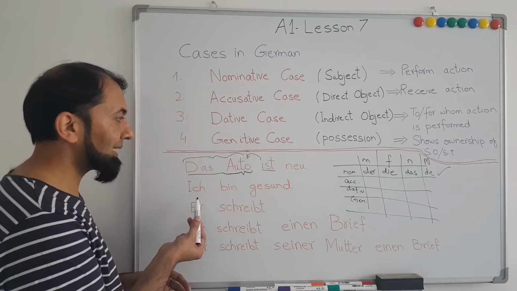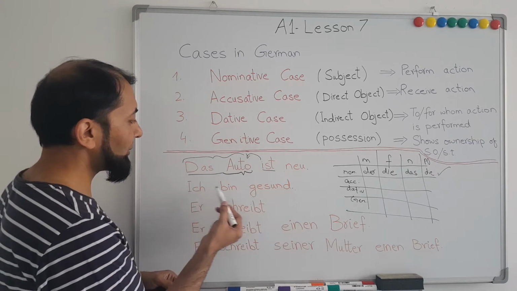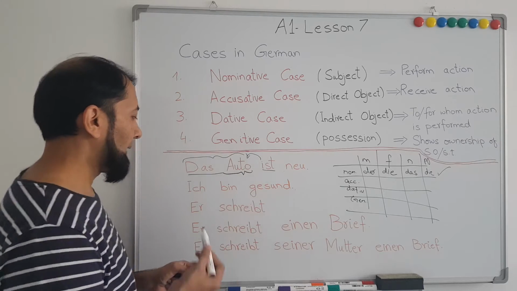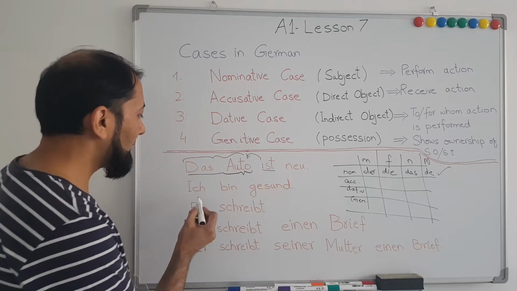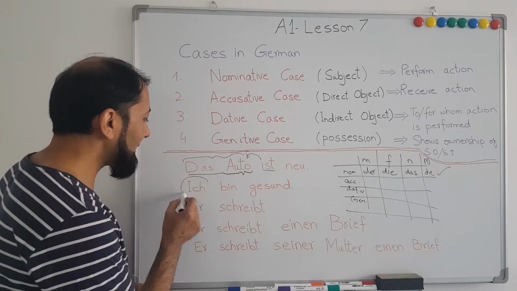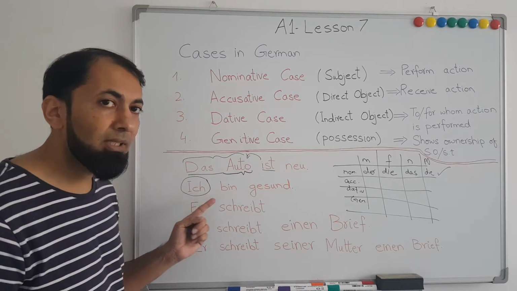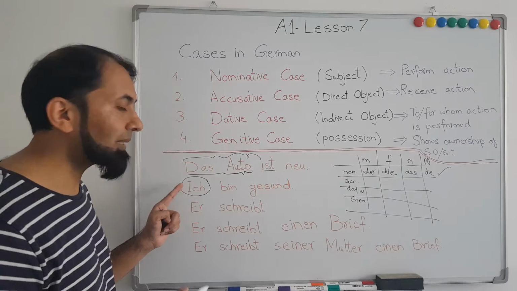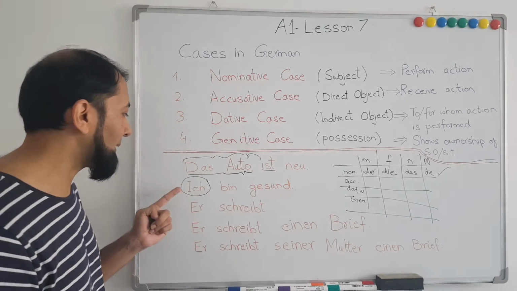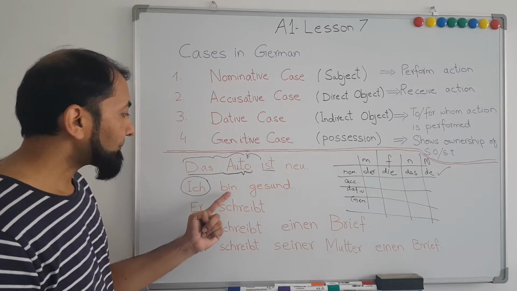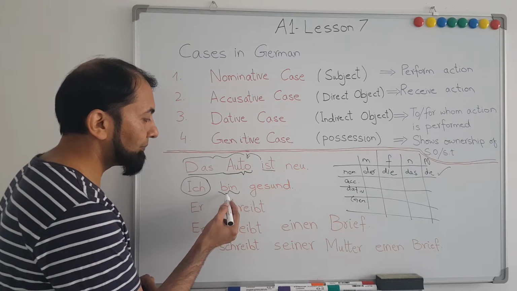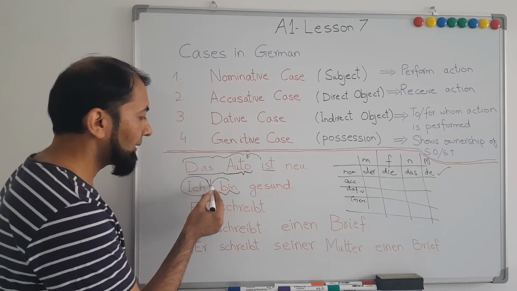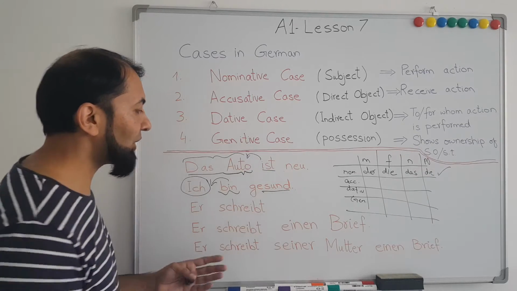Then we have the next example, "ich bin gesund," I am healthy. Now this is the subject, which is the first person singular pronoun. Then we have the sein verb conjugated to "bin" for "ich", and it is again an adjective.